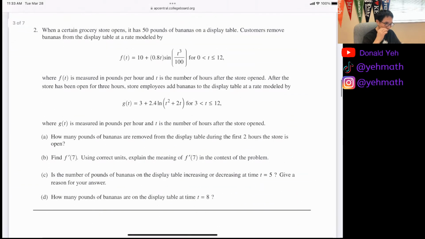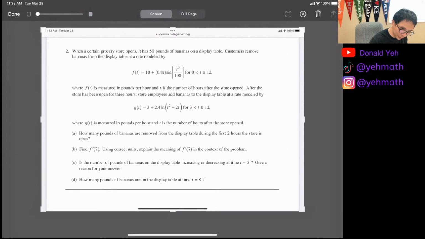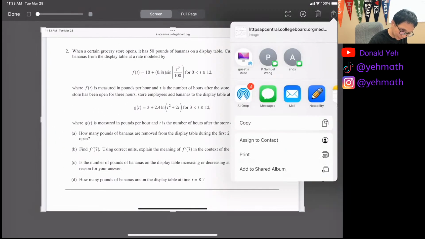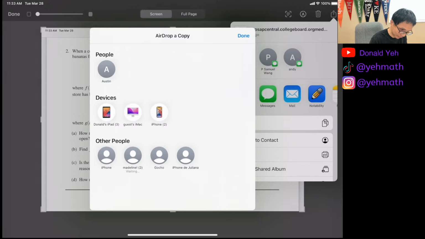Okay, let's look at this question. I'm going to send it to you, I'm going to AirDrop it to you if you want it. They just text me. But I asked them, do they pay for it?